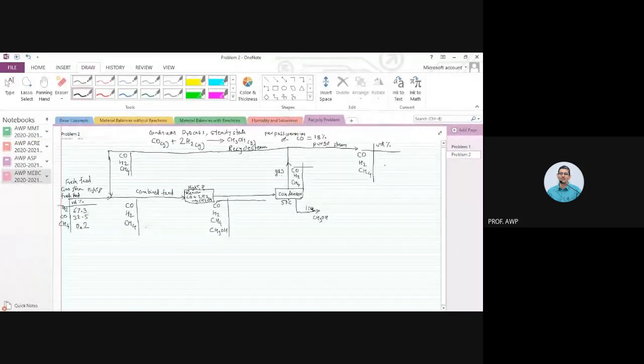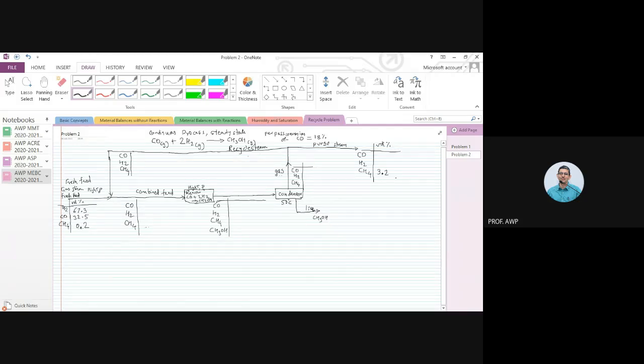I know something about the purge stream. I know that the methane content of the purge stream is 3.2%. Right? So we control the purge stream so that the methane content in the purge stream is 3.2%. Obviously, it is much more enriched than 0.2% because we are recycling a lot of it. We are purging small amounts.